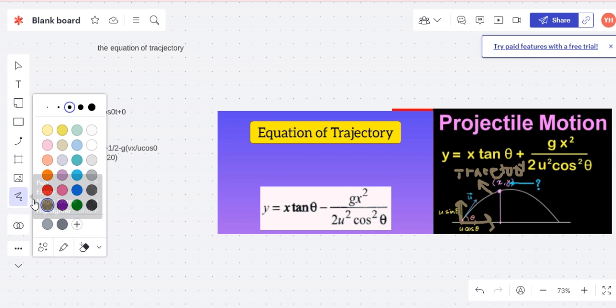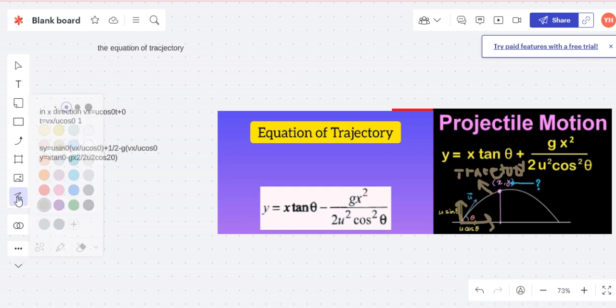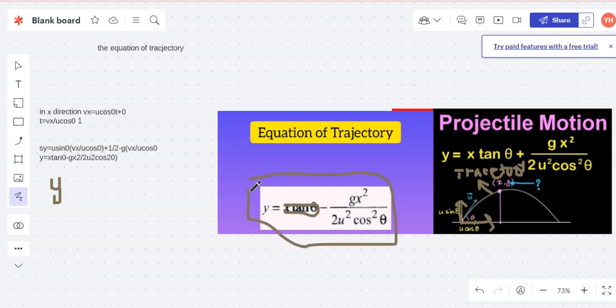Maybe some symbols have changed here because I can't write them in the keyboard. It will be something like this: y is equal to x tan theta minus g x square over 2 u square cos square theta. So this is basically the equation of trajectory that you have to learn, because this equation is quite important, and through this equation we can know very important points.